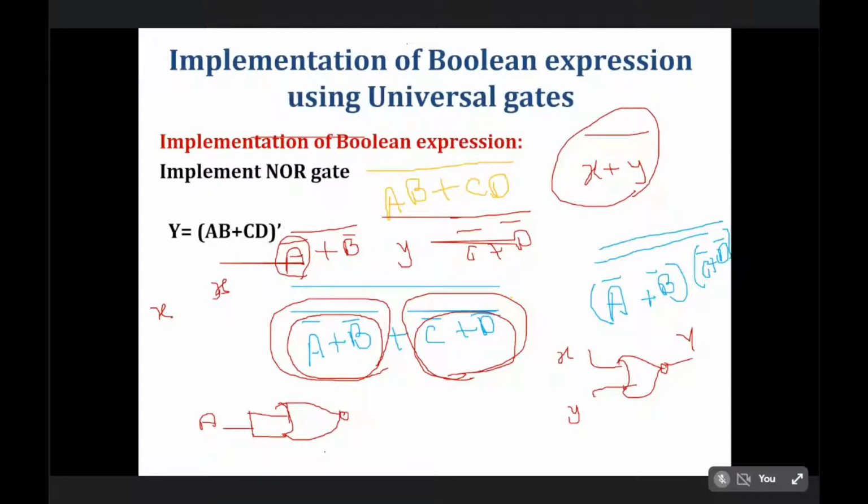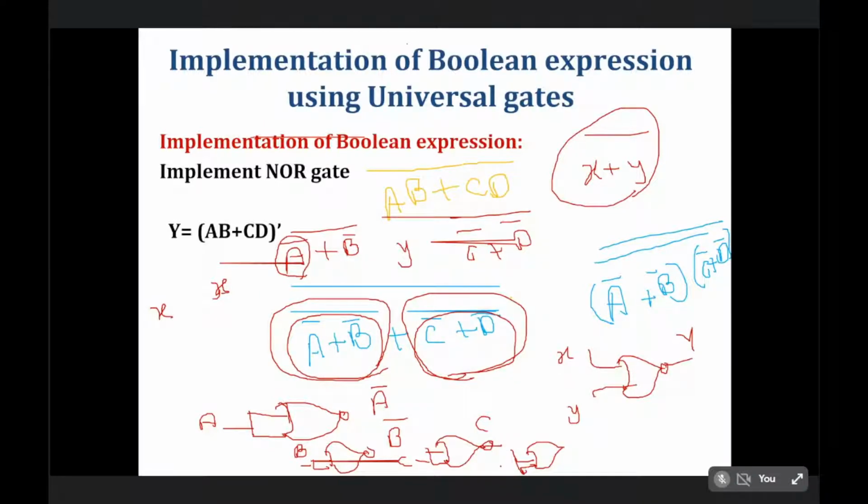A, this will be B, and so on. So it will implement A bar, B bar. This is C, it will create C bar, and the next one is the D bar.